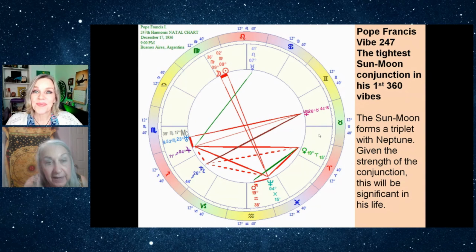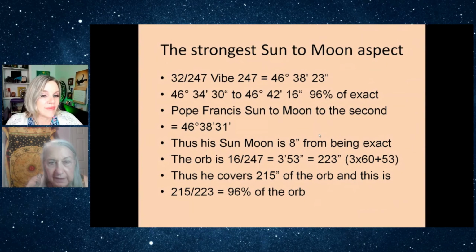Yeah. So now I want you to first, before we talk about the exact meaning of it, I want to show you how this works a little more. Okay. 32 over 247 is 36 degrees, 38 minutes, and 23 seconds. The orb is from 34 minutes and 30 seconds to 42 minutes and 16 seconds.